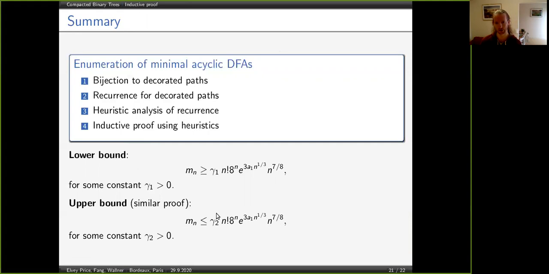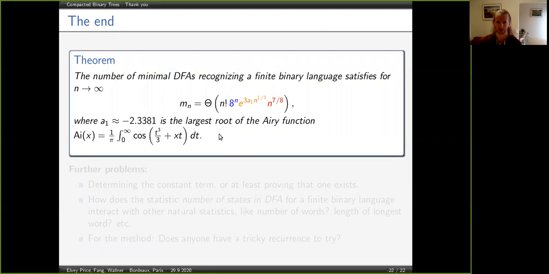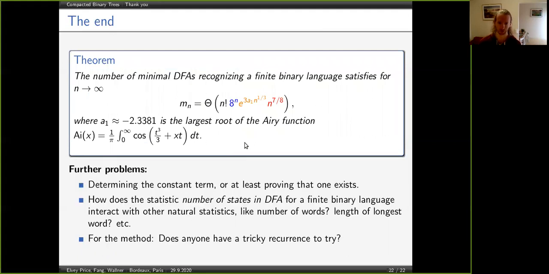So we have a lower and upper asymptotic bound for the numbers M_n of minimal acyclic automata, DFAs, recognizing a binary language. And yeah, so this is the final theorem, and here are some further problems. So, any questions?